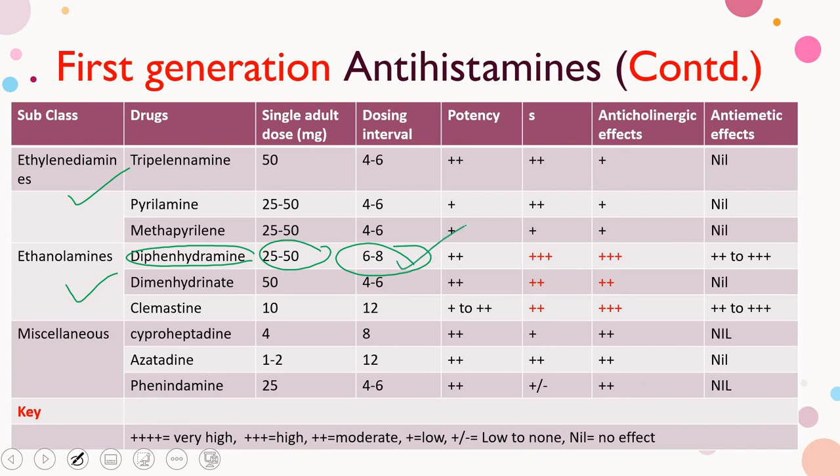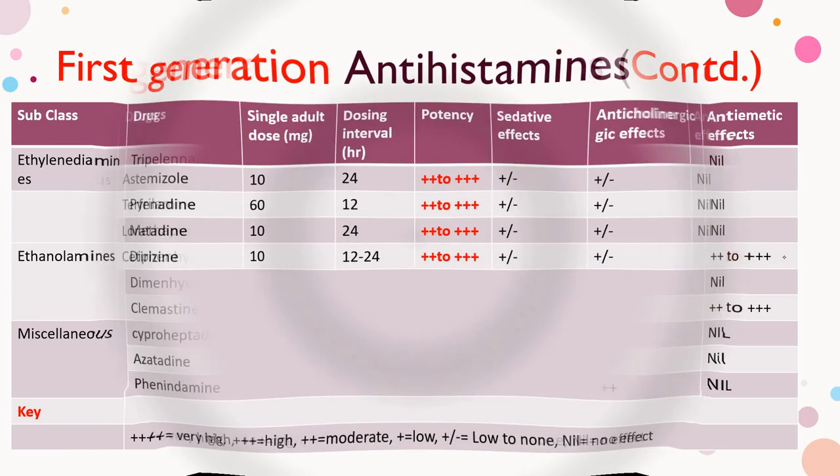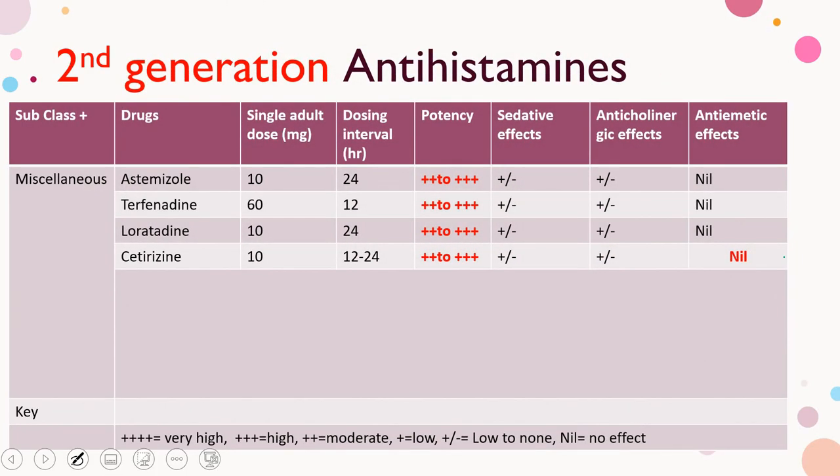And this is the dosing, and in terms of potency it is a moderately acting H1 receptor antagonist, but again it has very high anticholinergic effects, and of course the anti-emetic effects can be helpful, especially in management of motion sickness as well.